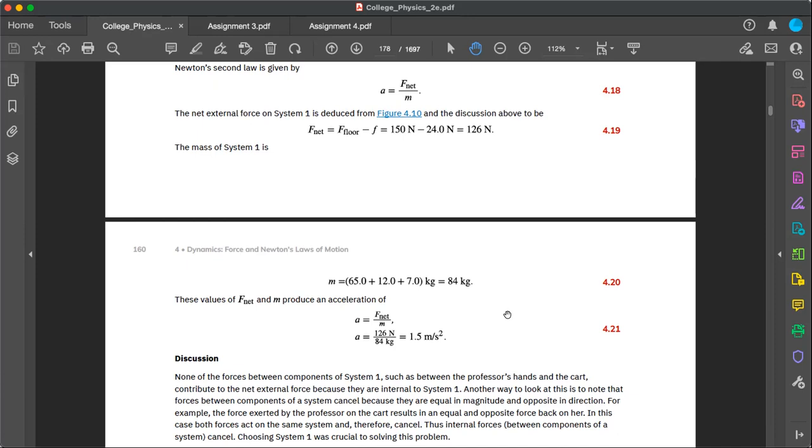x(t) equals... When you are in one dimension, you just have one component, so you don't have to worry about vectors. So you have x equal to 1/2 at squared plus v0 t, where v0 is the initial velocity, plus the initial position, x0. So here, what is a?